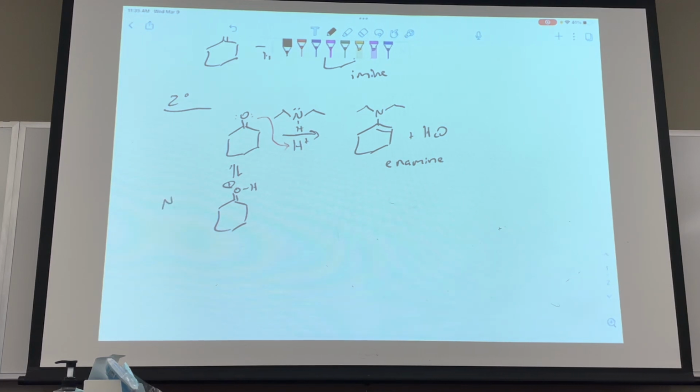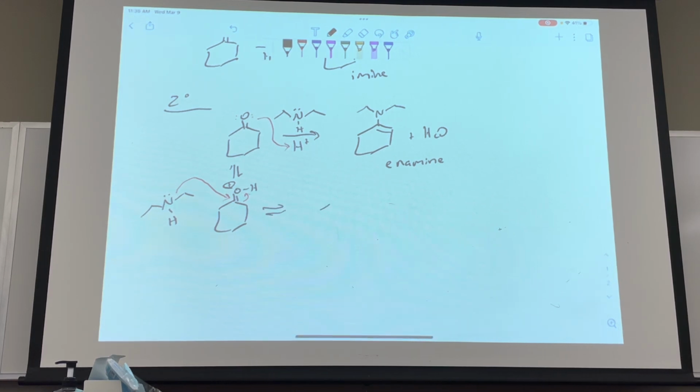At that point, the nitrogen nucleophile can attack.